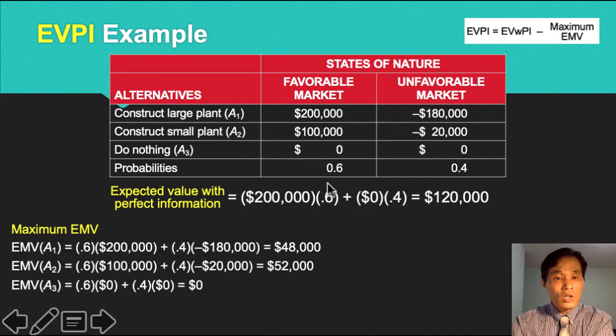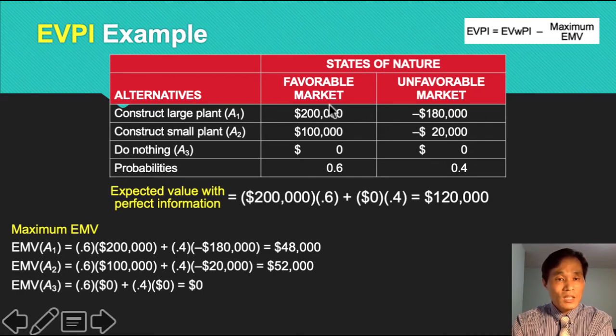For example, you know with the probability of 0.6, the market is going to be a favorable market. Then what are you going to do? If you know that the market will turn out to be favorable, what are you going to do? You don't want to just do nothing, right? That's foolish, because you could have made $200,000 by constructing a large plant.